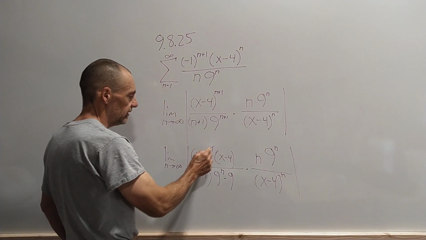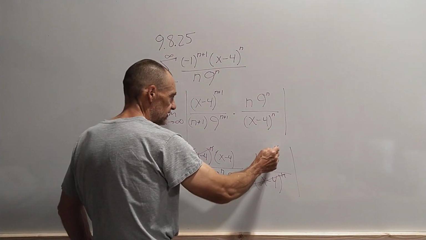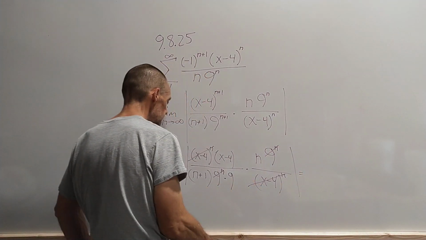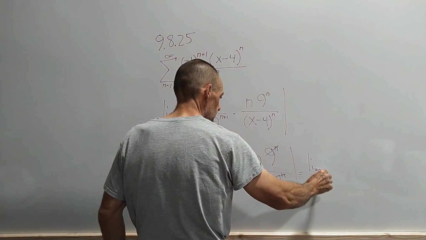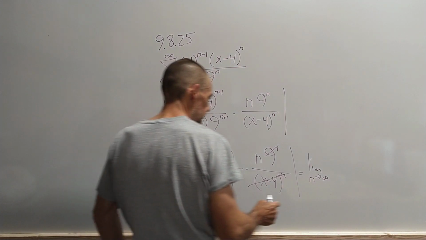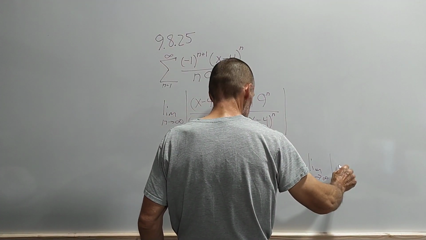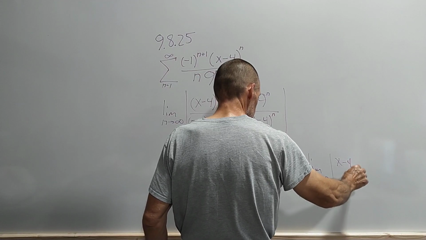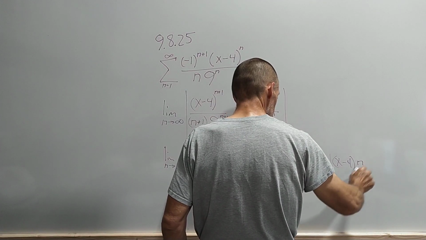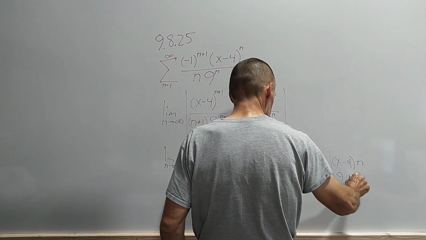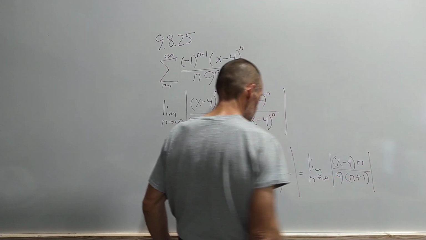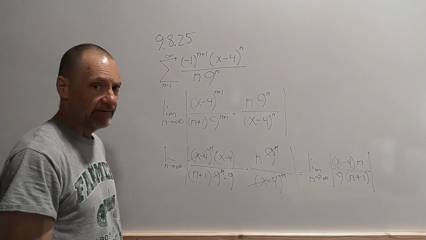Okay, so now we can cancel this and this, pretty obvious, this and this, okay? And we end up with absolute value, n plus 1, that's what's left after our cancellation.